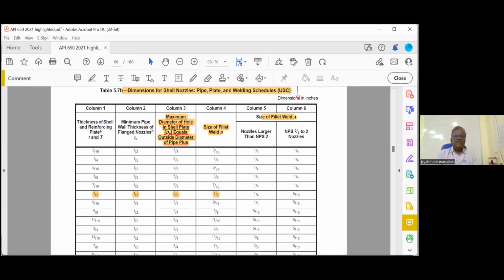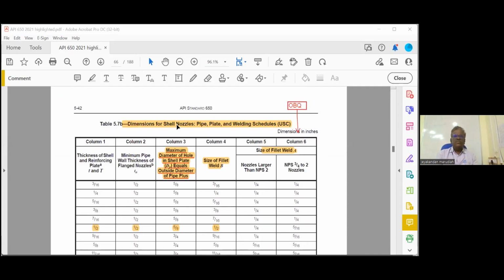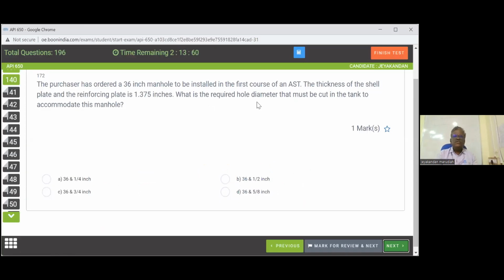So this is the formula you have to follow. Page number 5-42, Table 5.7b. Maximum diameter of the hole in shell plate equals the outside diameter of pipe plus the dimension given. What is our T and T? See, they have given 1.375 inch. So 36 is the manhole.